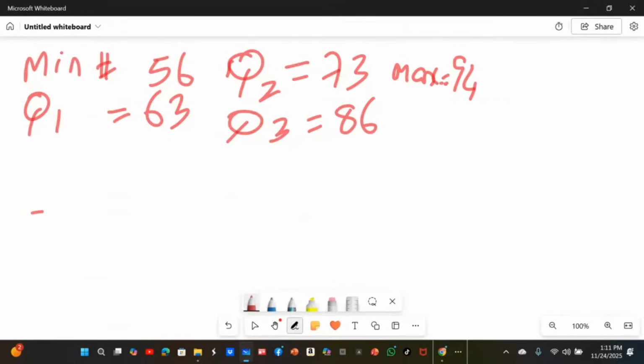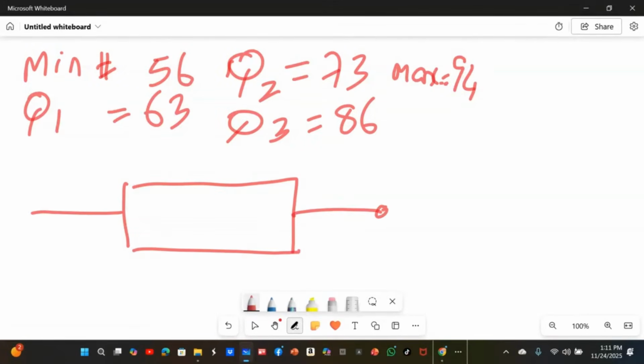So we're going to draw a normal box plot. And this is a sketch. The minimum number is at the leftmost whisker. So the minimum number is right here, and that number is given to us as 56. The first quartile, which is Q1, is 63.